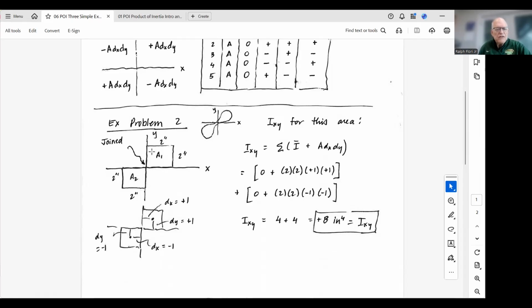The I bars are 0 because these are squares. The area is 2 by 2. For A1, dx is positive 1, dy is positive 1. For A2, dy is minus 1, dx is minus 1. But the Ixy then is positive 4 plus positive 4, which is positive 8. So an area that lies along this diagonal is positive.